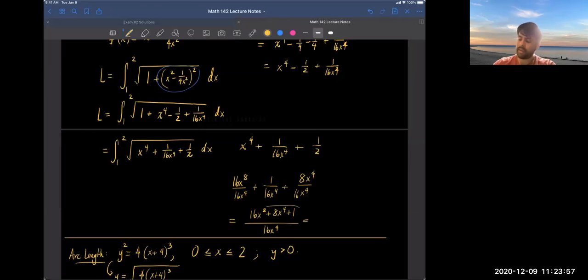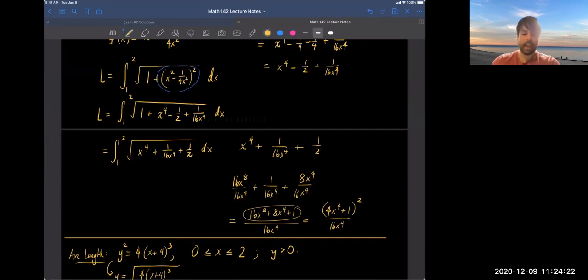And then this is actually a perfect square trinomial. And then I can factor this as 4x to the fourth plus 1, squared, over 16x to the fourth. Oh my goodness. This is doable.